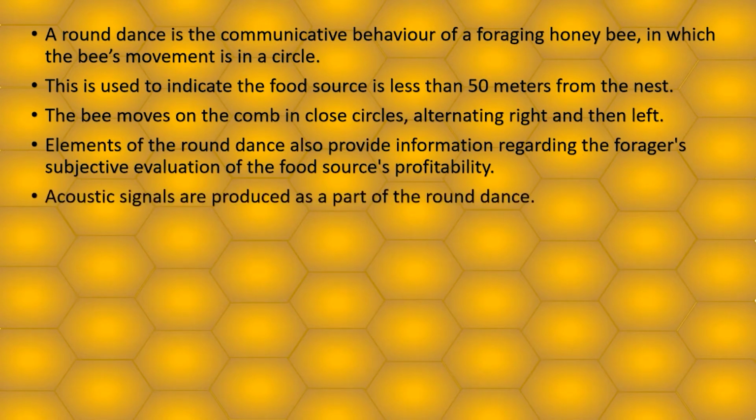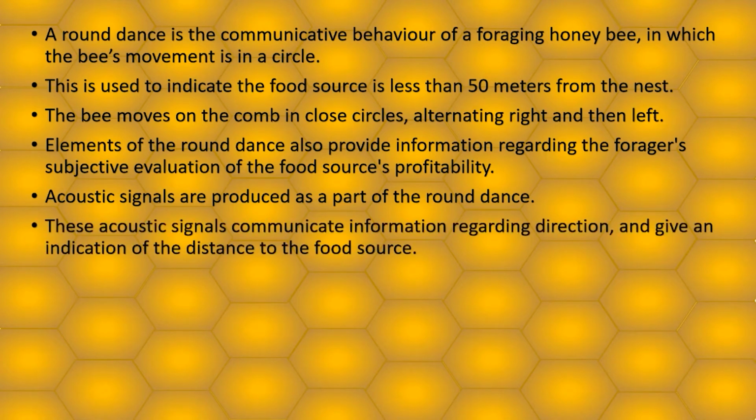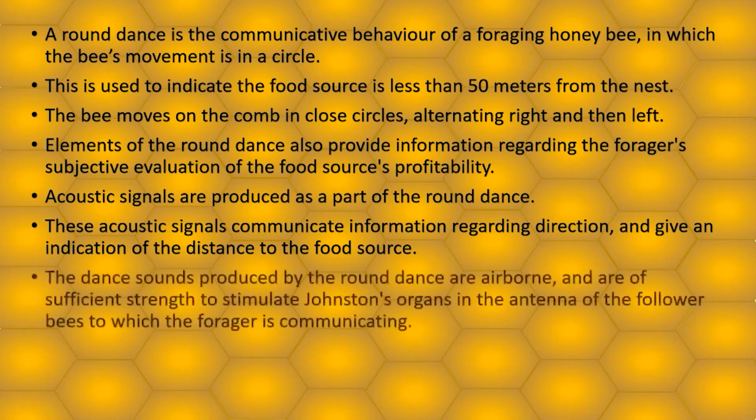Acoustic signals are produced as a part of the round dance. These acoustic signals communicate information regarding direction and give an indication of the distance to the food source. The dance sounds produced by the round dance are airborne and are of sufficient strength to stimulate Johnston's organs in the antennae of the follower bees to which the forager is communicating.